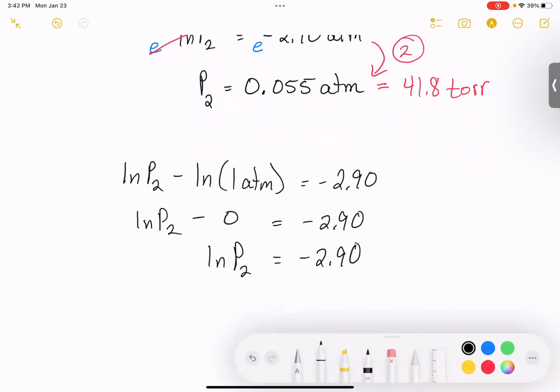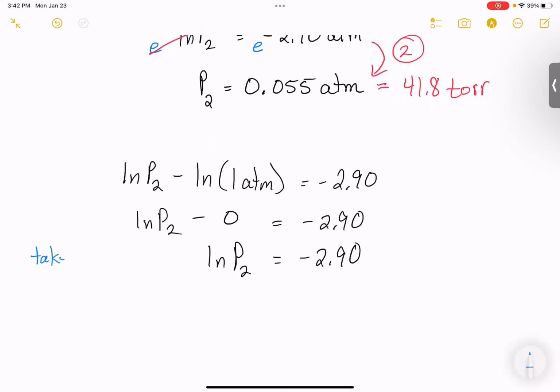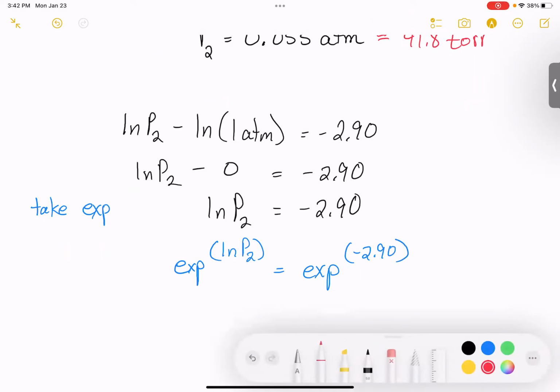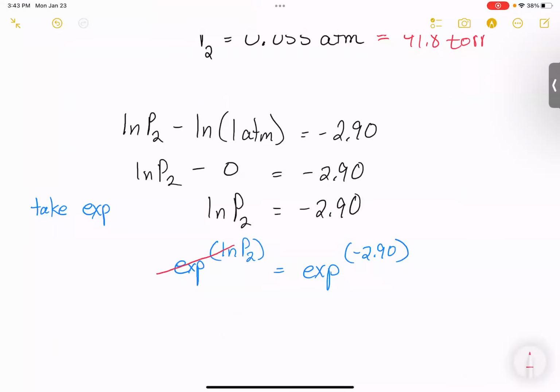Now, to get rid of the ln, you take the exponential of both sides. So in a sense, we're going exponential of ln of P2 is equal to the exponential of -2.90. But when you take the exponential of a natural log, those cancel out.